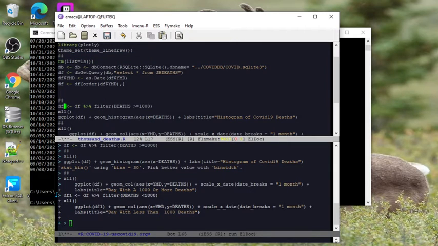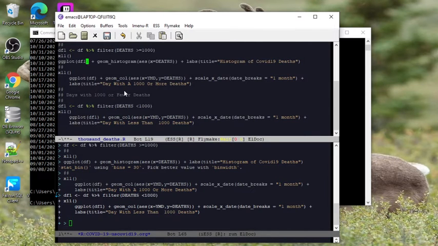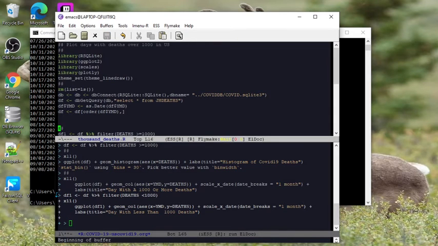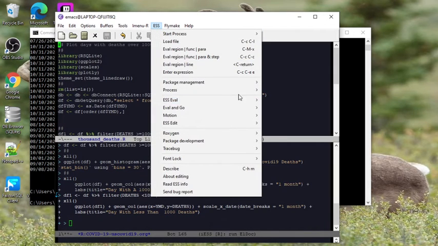Let's make this one, and this two. Now let's just run the whole script again and see if we can get to all three plots.